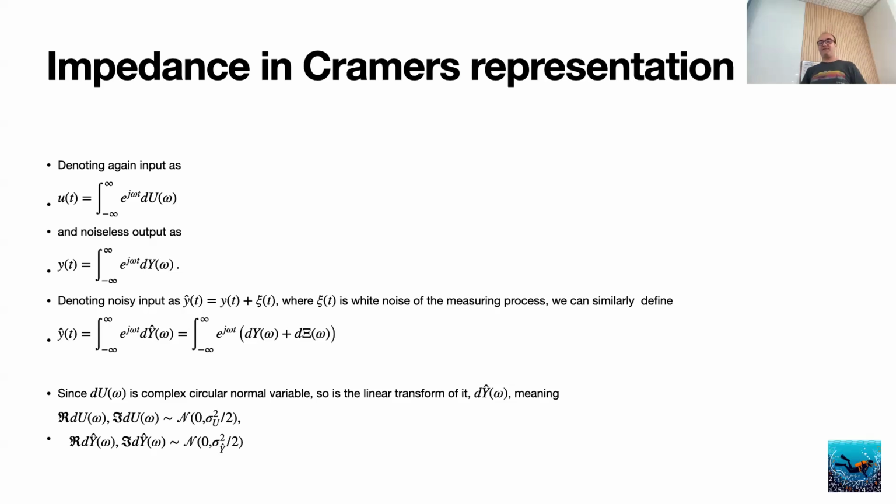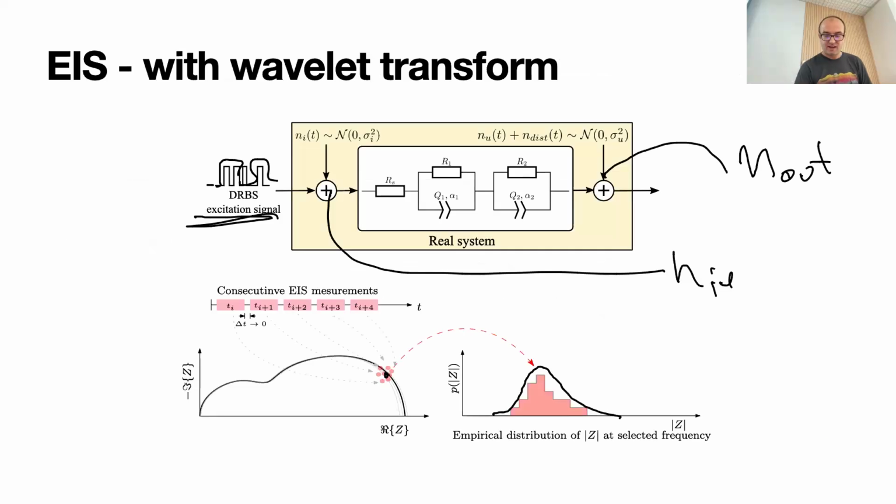Well, our signal that we are putting in is such, because we generate it randomly, and we have in our signal two noise inputs. Noise when we generate it and noise when we measure it. Let's see how this noisy stuff influences the way we do analysis.